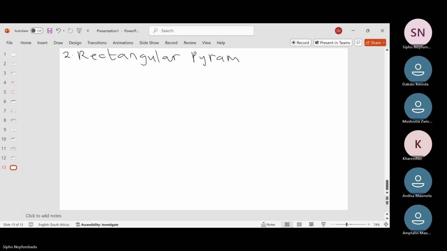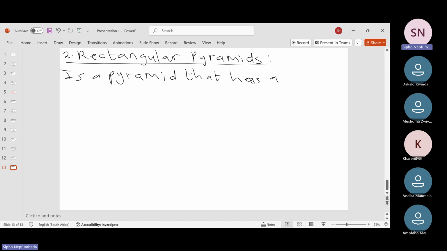A rectangular pyramid is a pyramid that has a rectangle as a base.